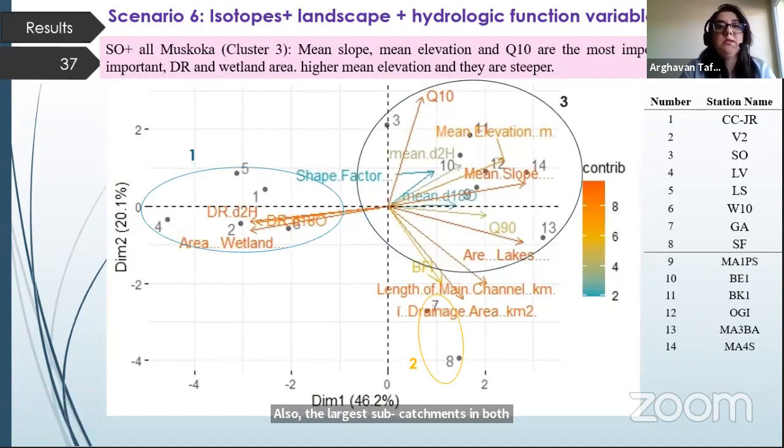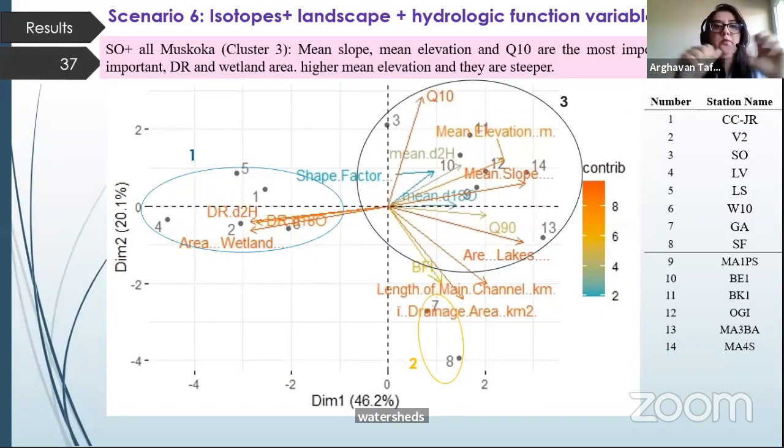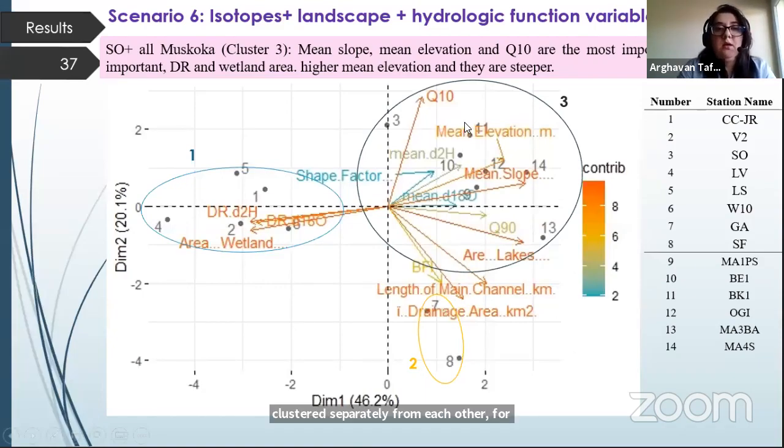Finally, for scenario number 6, I used all the variables: isotopic, landscape, and hydrologic function variables. And again, Muskoka and SNF watersheds clustered separately from each other. For instance, South River plus all Muskoka subcatchments clustered as cluster number 3. Mean slope and mean elevation were really important parameters for clustering these sites together. I should mention that they had higher mean elevation and they were steeper.